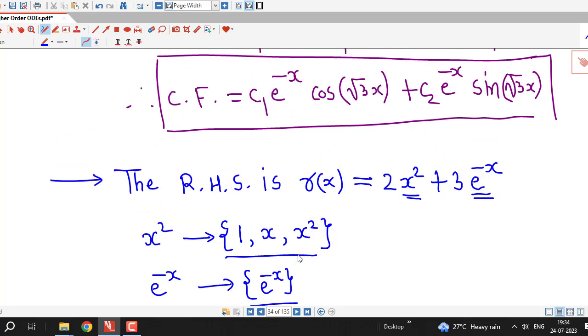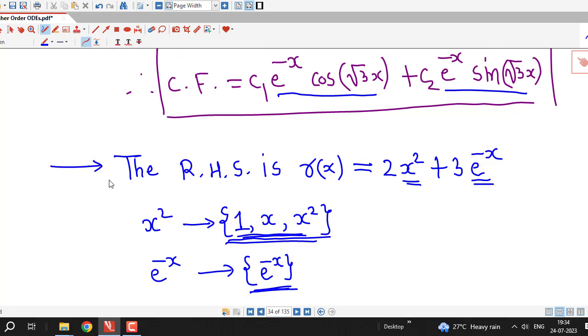Before taking the union, we will check whether any member of this family is present in the complementary function or not, and we can observe that no member of this set 1, x, x² is present in the complementary function. Similarly, no member of the other set is present in the complementary function.